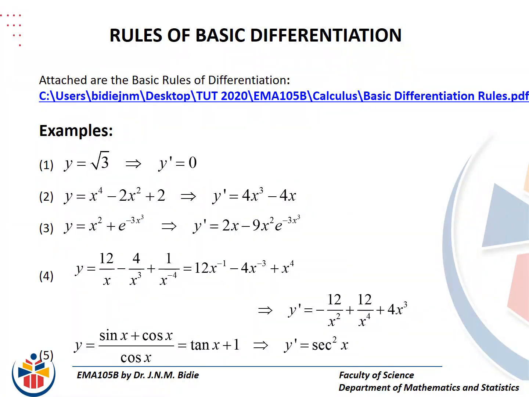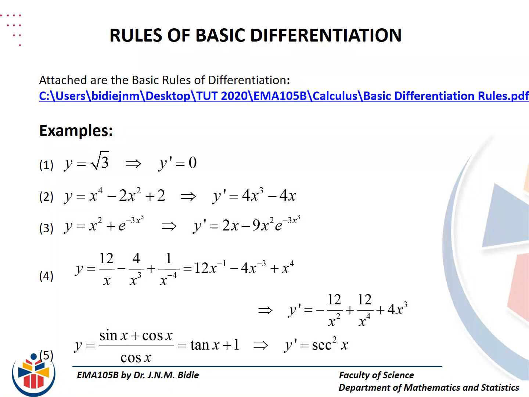So the first thing we need to do here, because we have not been even introduced to how we find the derivative of quotients, is to simplify. So it means multiplying each term by cos x. When you multiply sine x by cos x, you get 10x. When you multiply cos x by cos x, you get 1. And therefore, we know that expression is 10x plus 1.